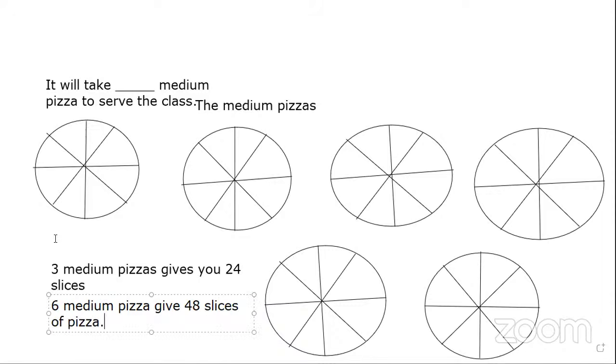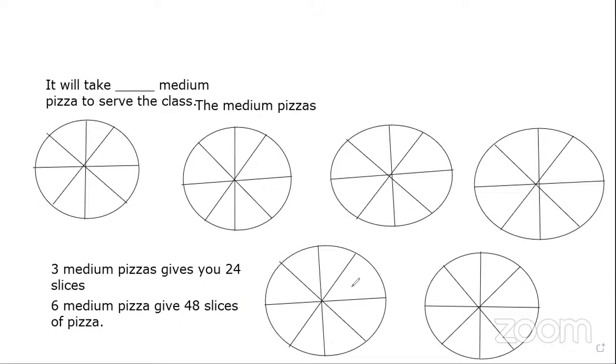Now let's see if Miss went wrong. Even though the class has 42 students, and this is something that we must pay attention to, we will stop at 42 slices here. So when we're here, this is 24, 32, 40.